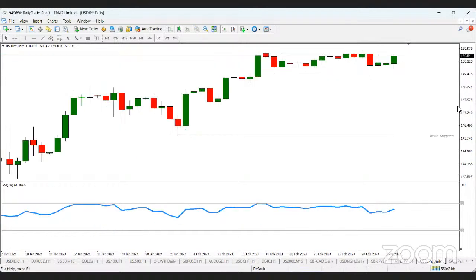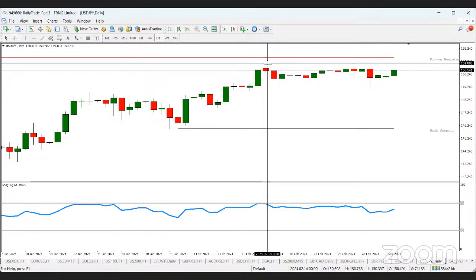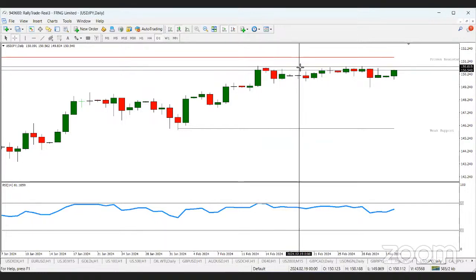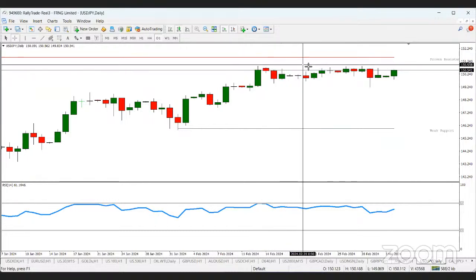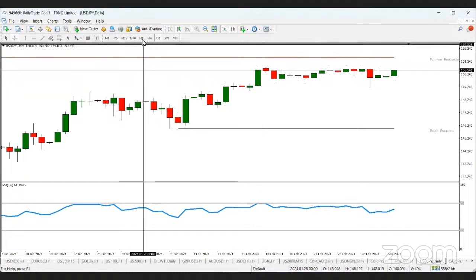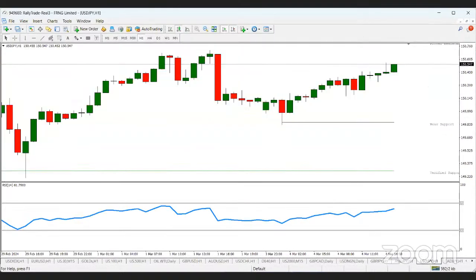You will notice that my indicator here is showing me that my resistance is at this red line here. But we have always said that resistance is not a line, it's a zone, right? And that's the case here. I think since February, price has actually been rejected at this particular resistance. So it's very possible that we'll have that rejection once again on GBP USD.